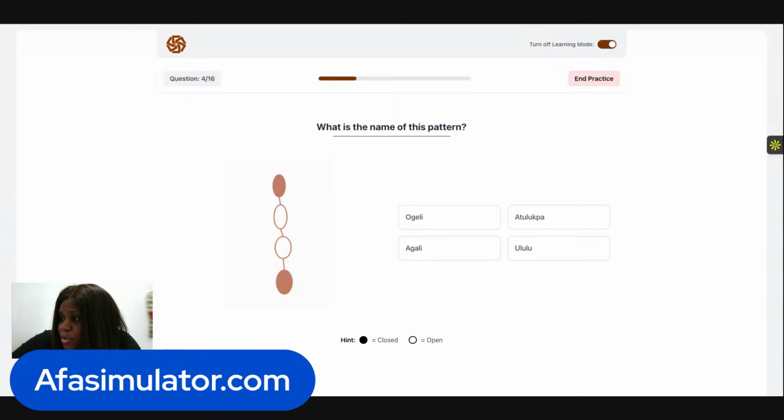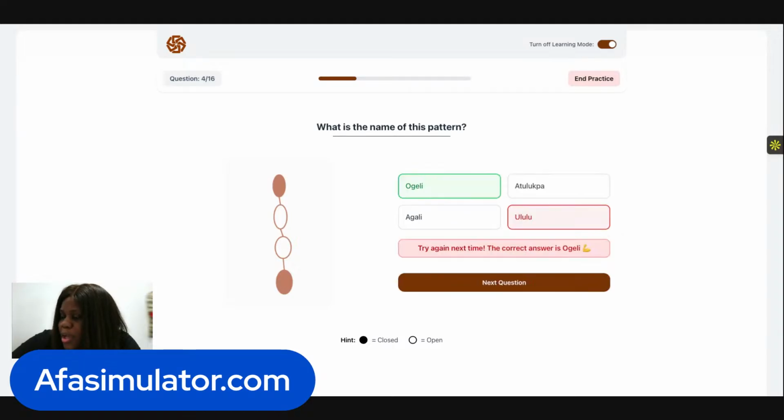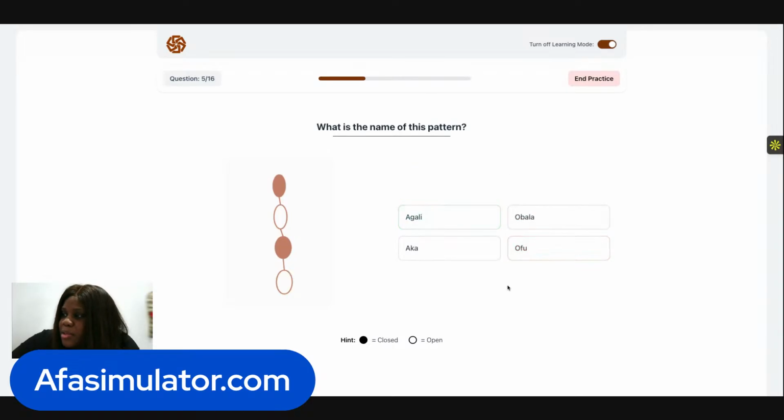I don't know. I'm going to go with Atoloba. No, I think I'm going to go with Ululu. Ah, it was Ogeli. Okay. Next question. I had no idea what that one was. I'm actually getting sleepy, so I'm probably not going to do this for too long.